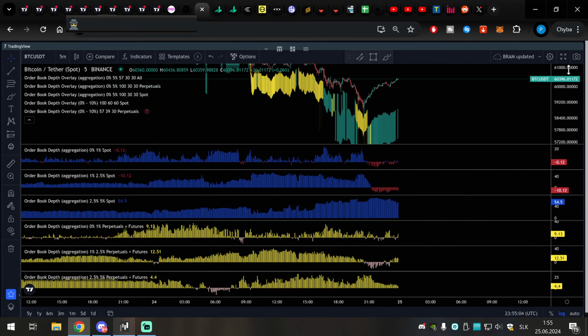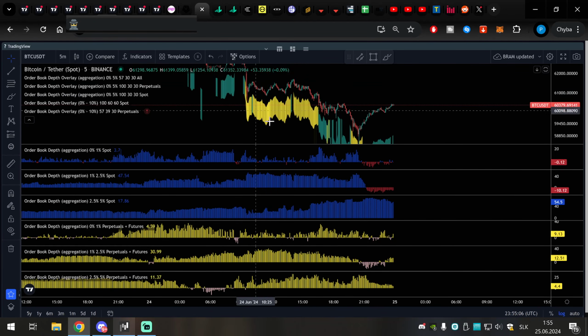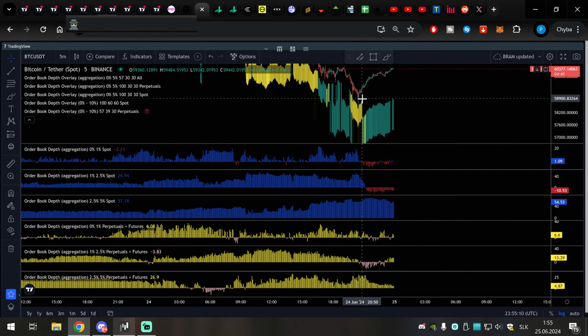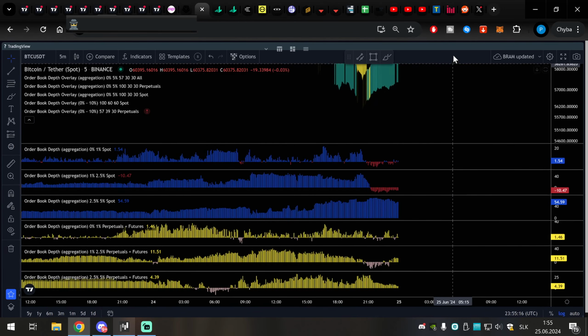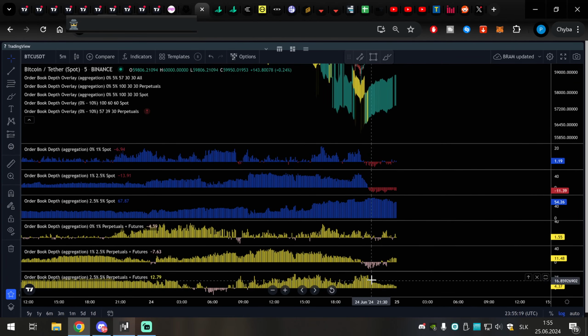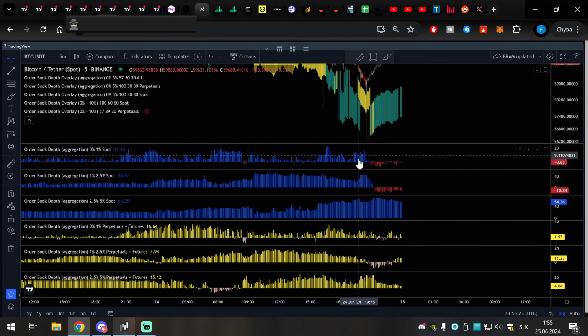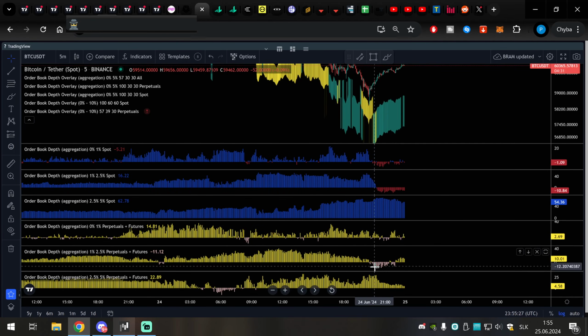Definitely we are getting order book support. Also scalping here was easy with the order book support. At the lows, the thresholds hit very big thresholds, like the medium time frame spot support got really fat here. Then on perpetuals not so much. So this is mainly spot market stabilization, and leverage not so much. Leverage was even negative here.